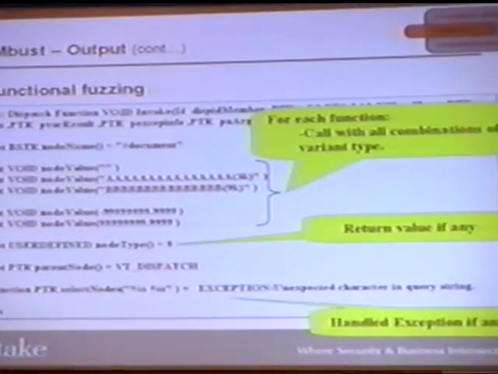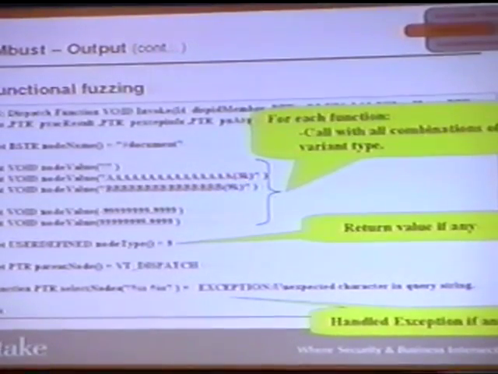The last part of Combust is functional fuzzing. For each function, it will display whatever it's trying. In that example, the first one, ignoring dispatch function invoke. Invoke is a COM framework function.